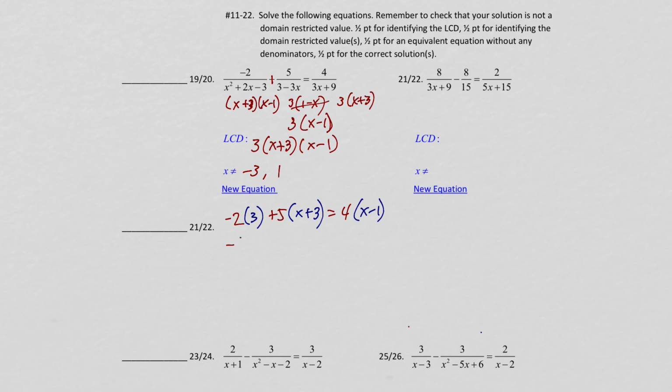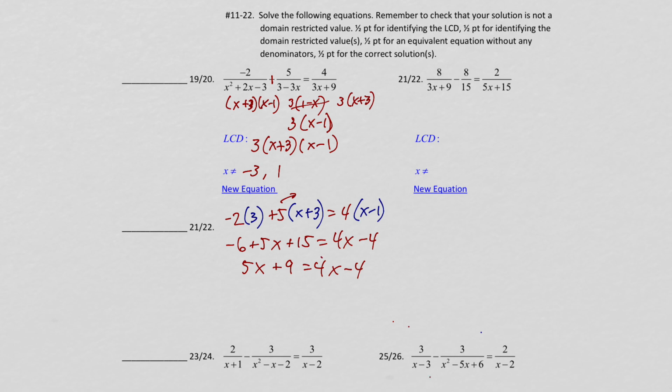So here we have negative 6, I'll distribute this, plus 5x plus 15 is equal to 4x minus 4. So we have 5x, negative 6 and 15 is plus 9 equals 4x minus 4.